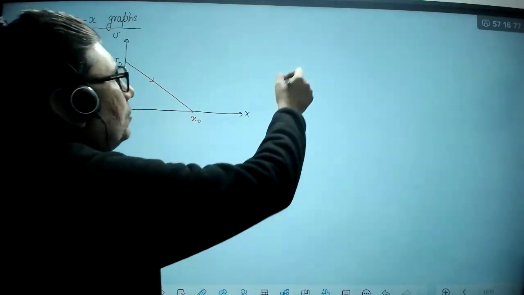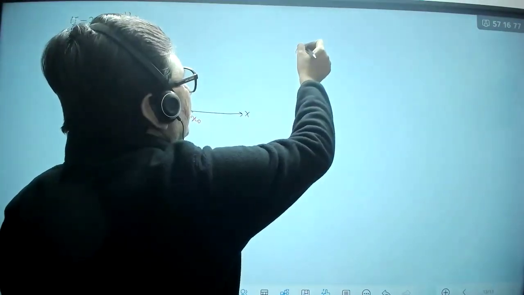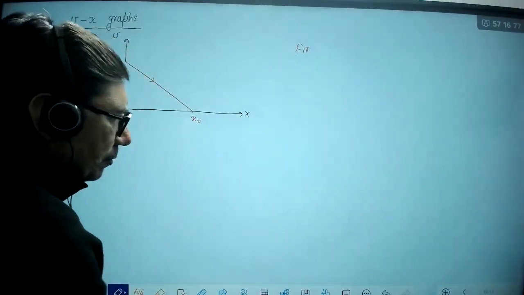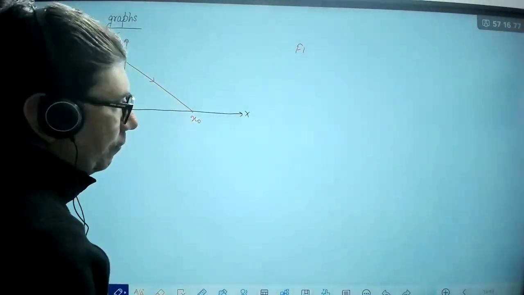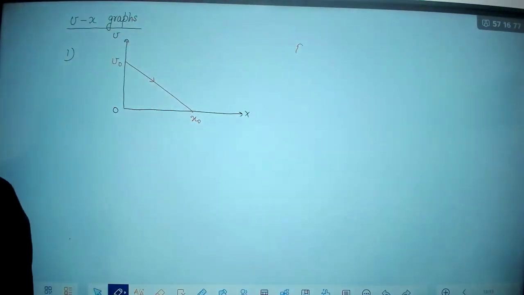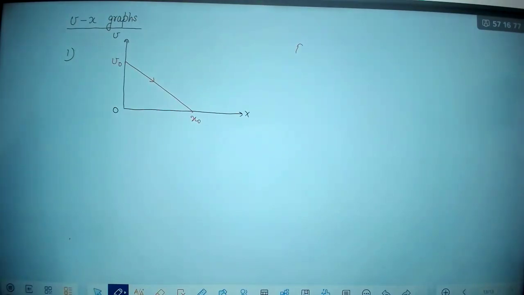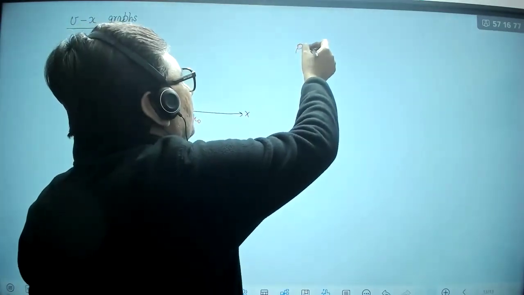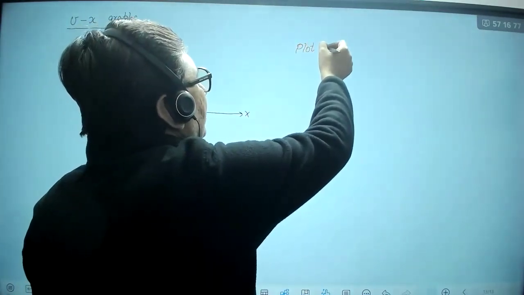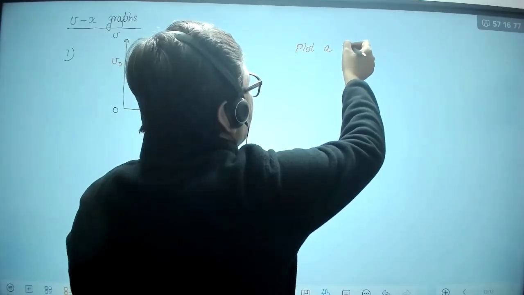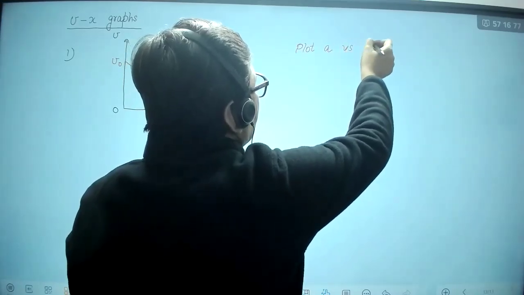Now what you have to do? From this you have to find out acceleration. First, you have to find the expression of acceleration, or you can say plot a versus x.